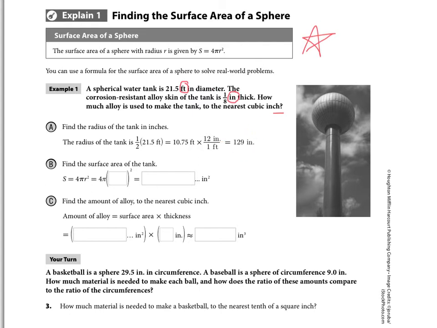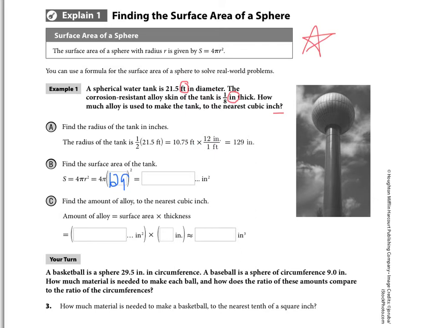So now in part B, we're going to take that number 129 that we just came up with and substitute it in for the radius in 4 pi r squared. So write in 129 in your empty block there. And then we are going to go ahead and multiply that all out on our calculator.